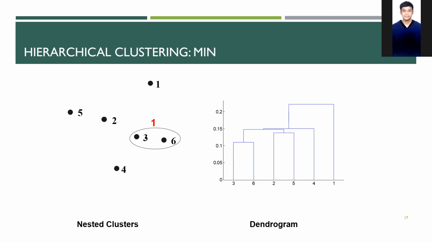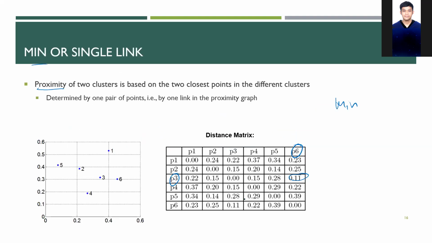Sorry. At these steps, after we put data 3 and 6 in one subcluster, of course our proximity matrix is also updated.